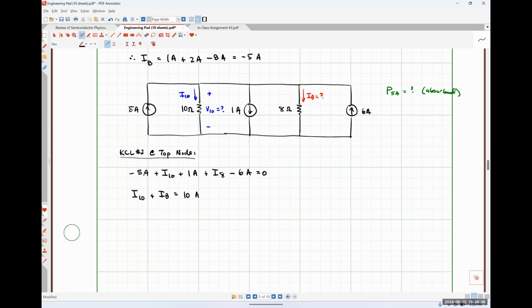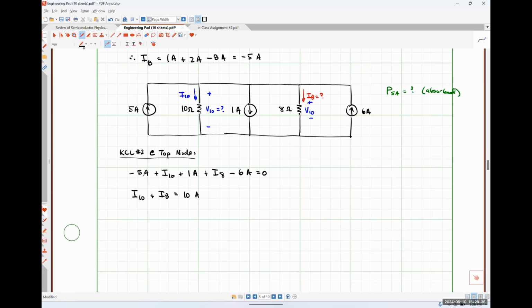Whenever we have things connected in parallel, they have the same voltage drop over them, okay? So even though I defined that voltage V10 as the drop over the 10 ohm resistor, that exact same voltage V10 with the exact same polarity occurs over the 8 ohm resistor because the 10 ohm resistor and the 8 ohm resistor are in parallel.